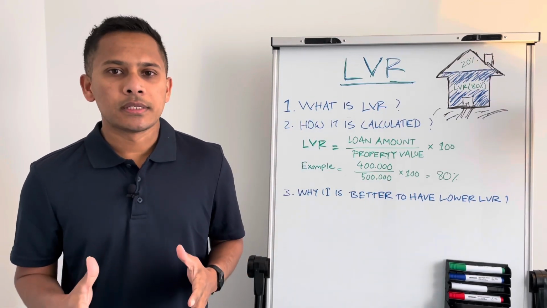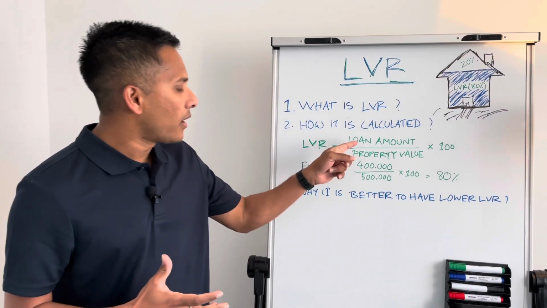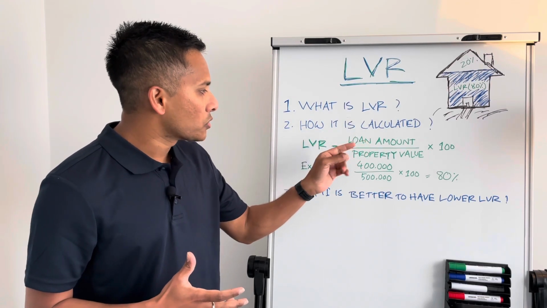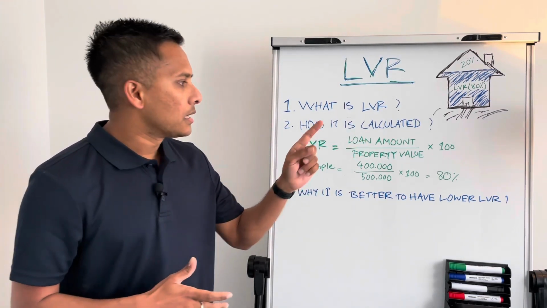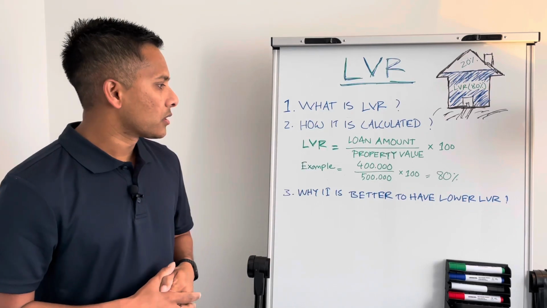LVR is calculated simply by dividing the loan amount by the property value and multiplying by 100.